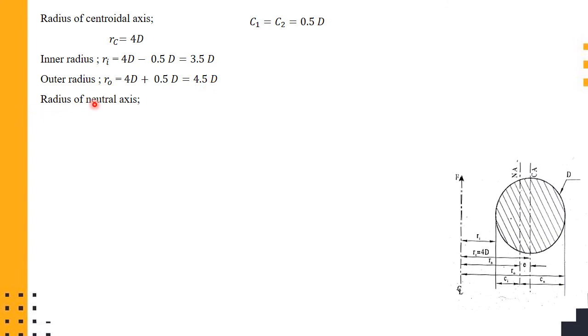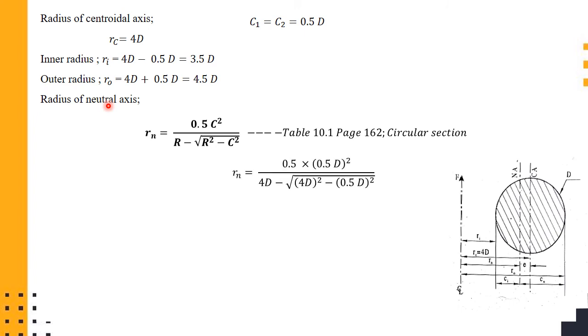Now next you calculate the radius of the neutral axis with respect to the circular cross section. You can refer to table 10.1, page 162, and refer to the circular cross section. So this is the equation, you can get it from there.